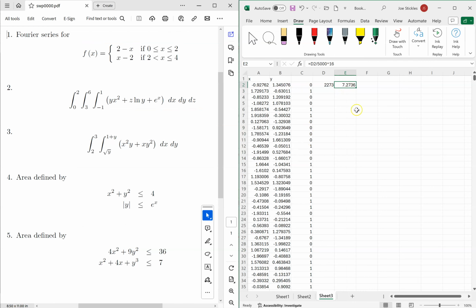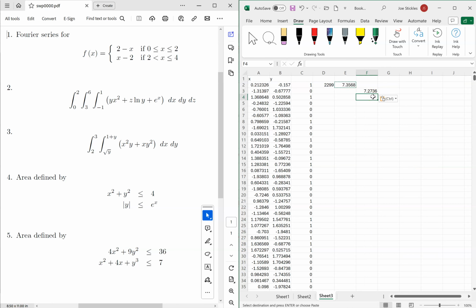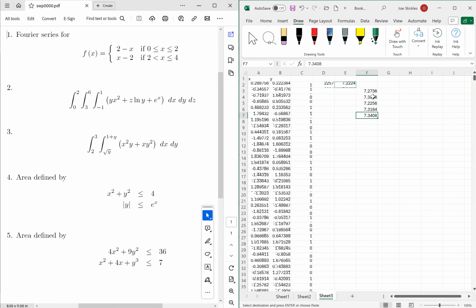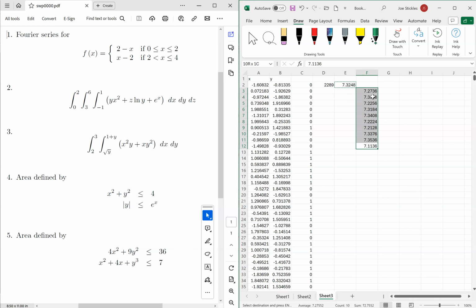Again, if I want to do 10 simulations, I'll hit copy, right-click on an empty cell, paste values, scroll down, Control-Y, scroll down, Control-Y. Just hitting Control-Y over and over again. And then if I highlight, there's 10, and we got about 7.27, 7.28 for our answer.